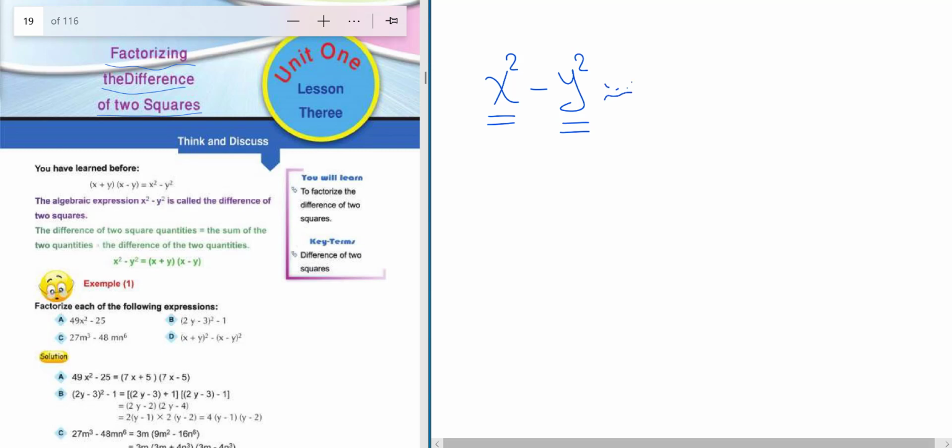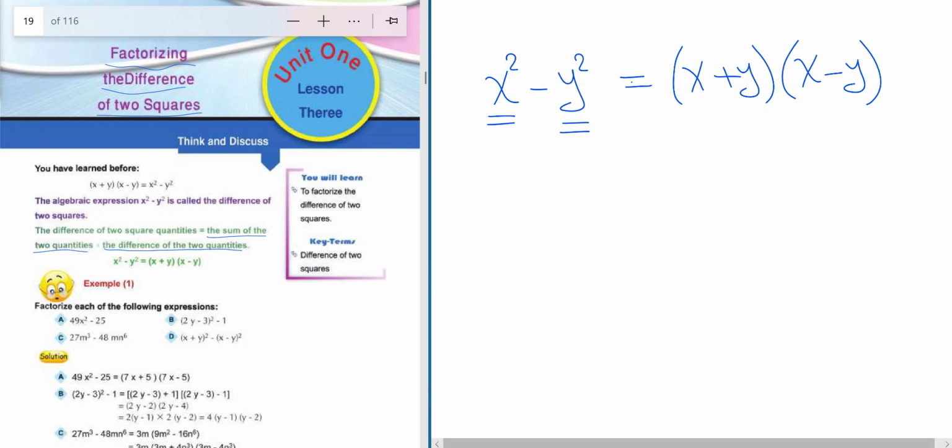How to factorize the difference between two squares? The difference of two squares equals the sum of the two quantities, x plus y, times the difference between the same two quantities, x minus y.